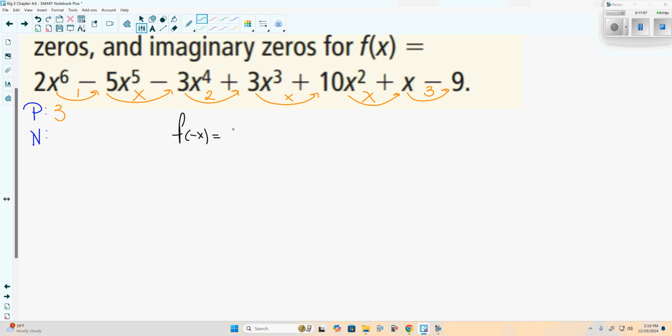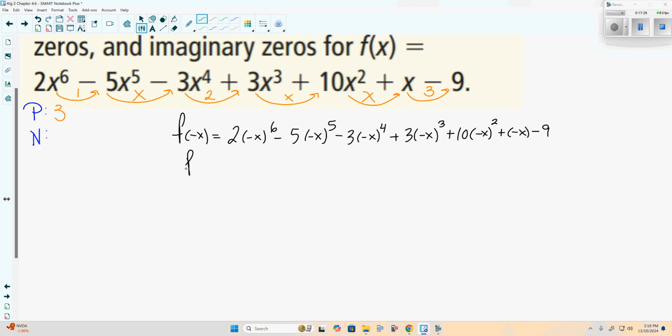Now we need to find f of negative x. Now, as we kind of saw with the last one, if the exponent's even, the sign stays the same.